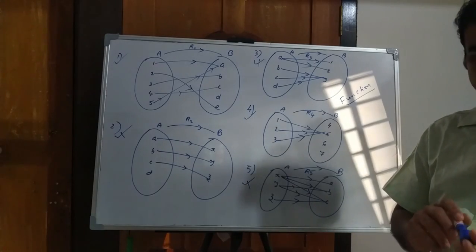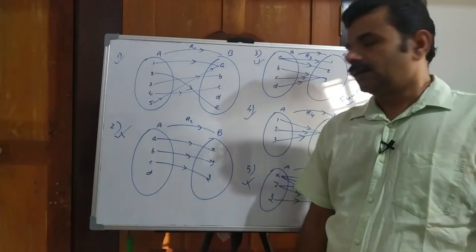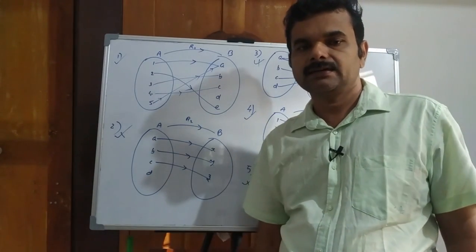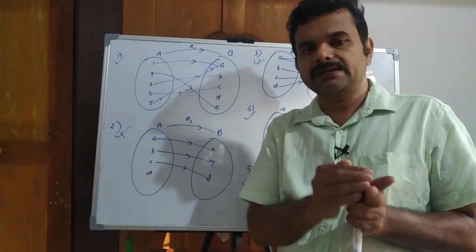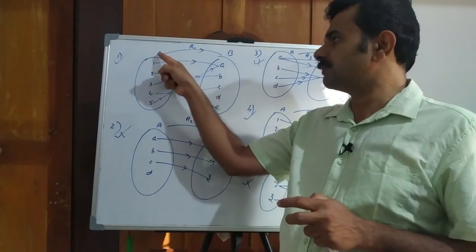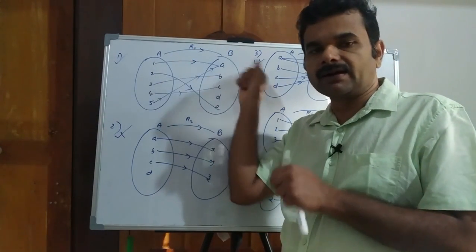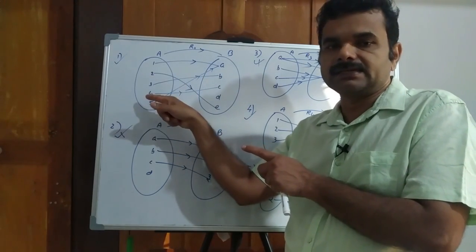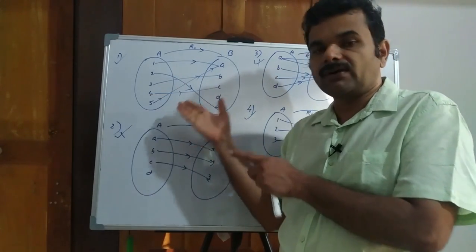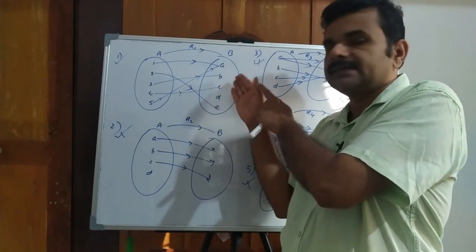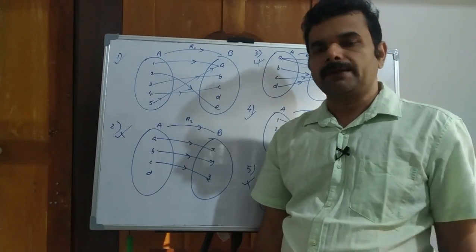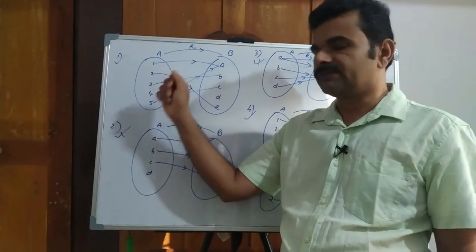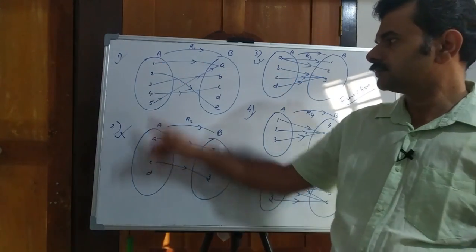So what is a function? A relation from A to B is said to be a function if every element of the set A has one and only one image in the set B. By this property, R1 is a function, isn't it?